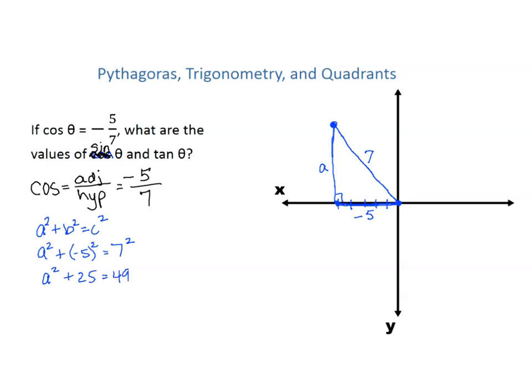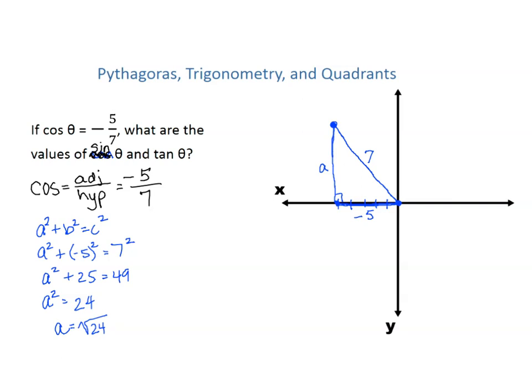So A squared is equal to 49 minus 25, which is 24. So A is equal to the square root of 24.